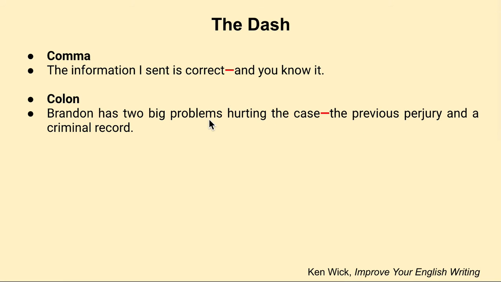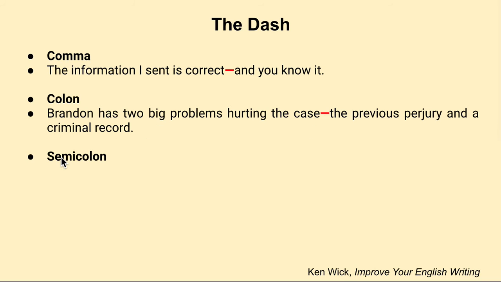If you want to emphasize the previous perjury and the criminal record, this is how you'd punctuate it: Brandon has two big problems hurting the case, dash. You would normally use a colon, but here you want to emphasize what follows, so you put a dash, emphasizing the previous perjury and the criminal record.